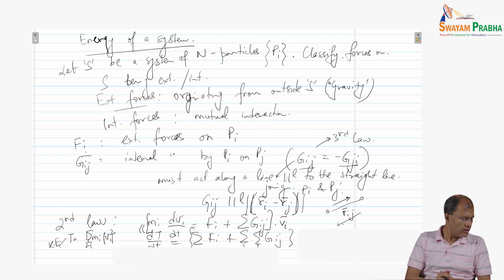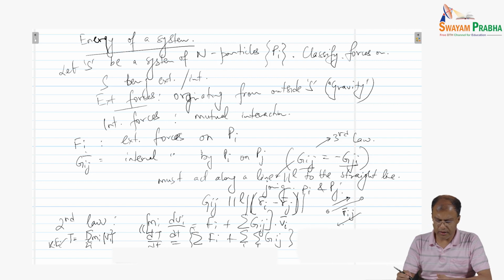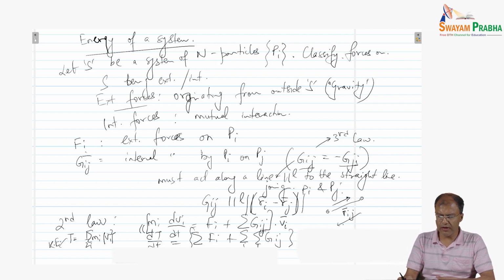Suppose we have this system of n particles. Suppose they move and do some work from time point A to time point B. Then we can integrate the contribution of these forces from time Ta to time Tb, and we get the total work done.